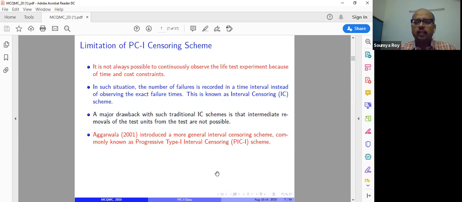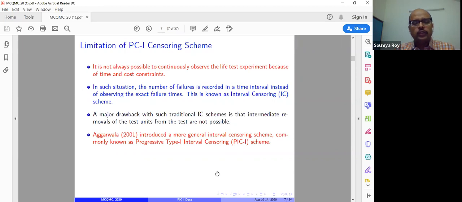This is traditionally known as interval censoring scheme. However, a major problem with this traditional interval censoring scheme is that it does not allow intermediate withdrawals, unlike progressive censoring. So Aggarwala proposed a more general interval censoring scheme known as progressive type 1 interval censoring scheme.